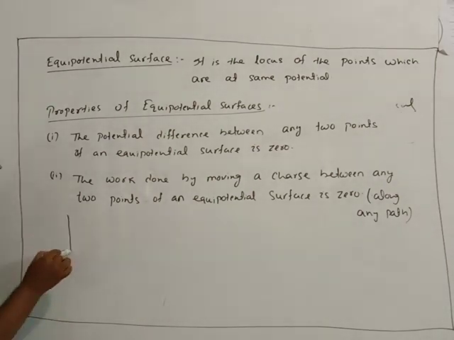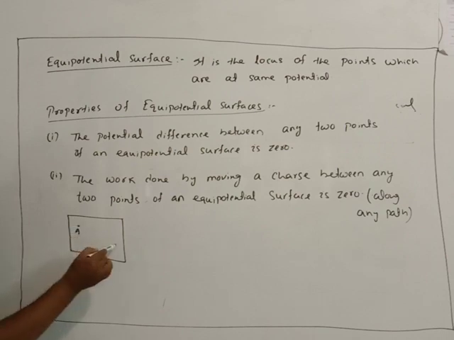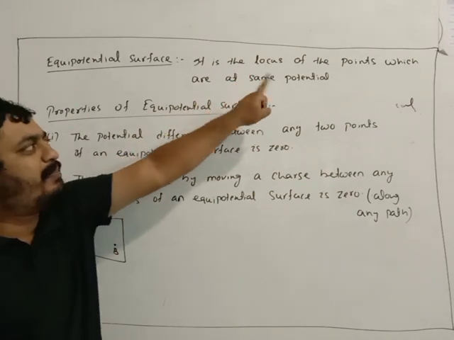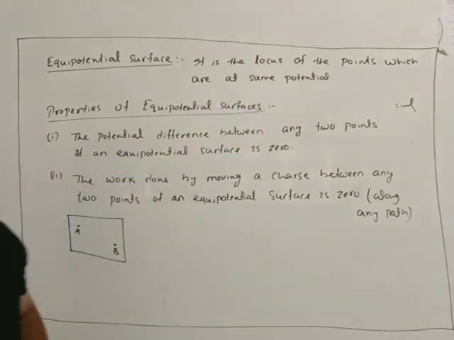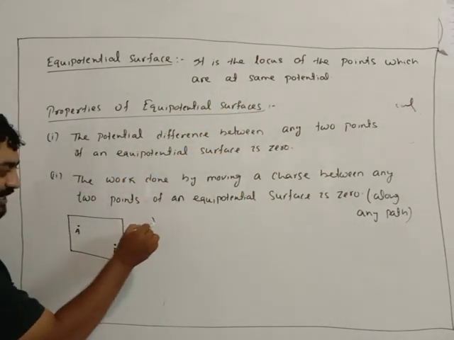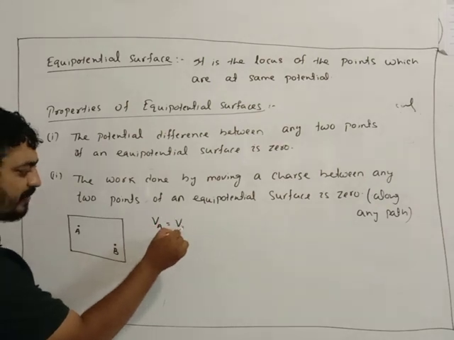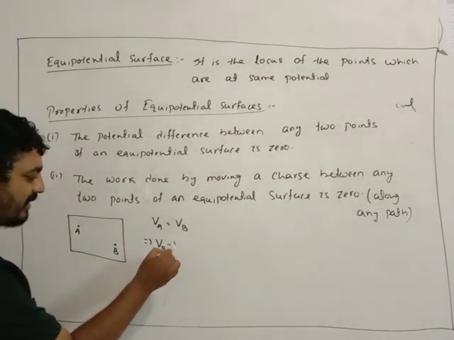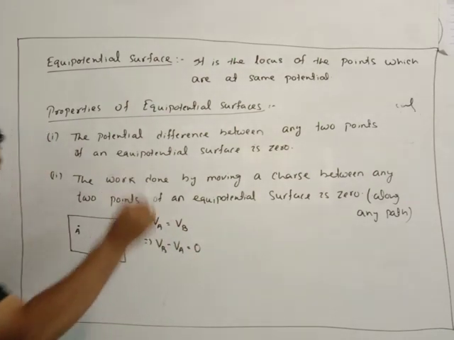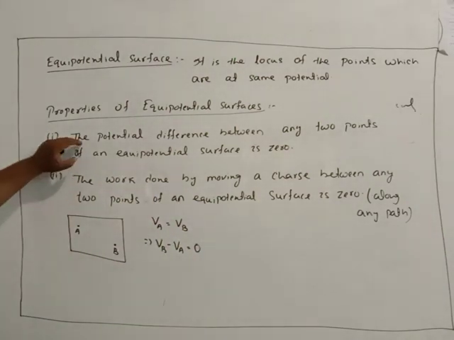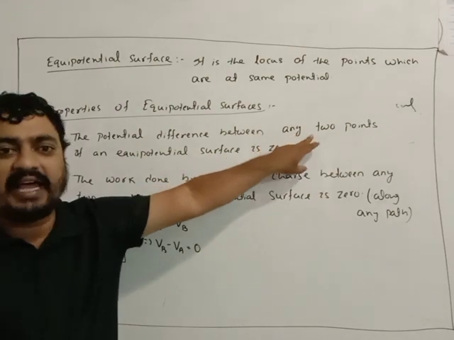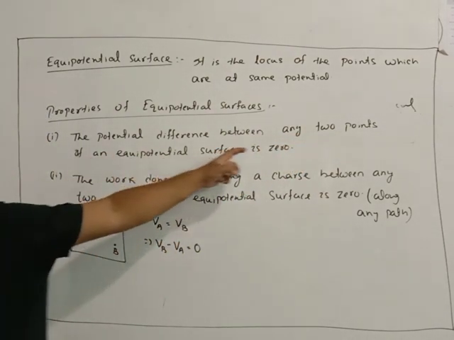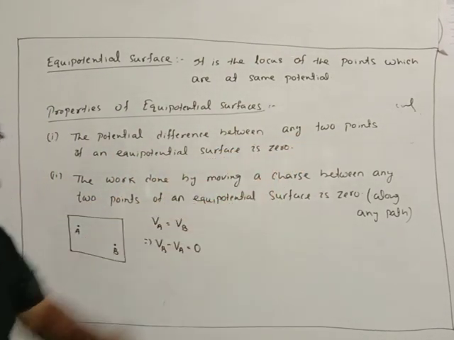Now, suppose this is an equipotential surface. This point is A, this point is B. Now, by definition, every point on an equipotential surface must be at same potential. So, VA must be equal to VB. So, we can say VB minus VA is equal to 0. So, the first point, the potential difference between any two points of an equipotential surface is 0.